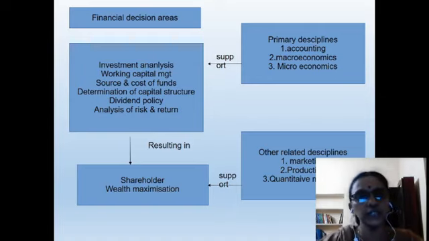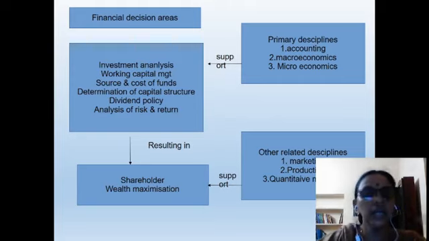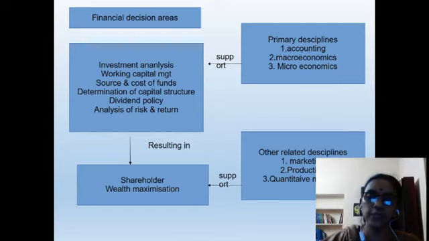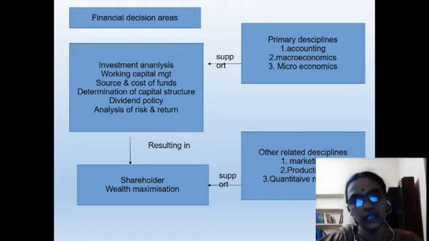So the financial decision areas result in shareholder wealth maximization decision, which is a very major decision involved, and which is the major decision of CEOs, and strategic decision area of financial management, which derives support from the other related disciplines, without which the financial decision cannot be actually obtained.